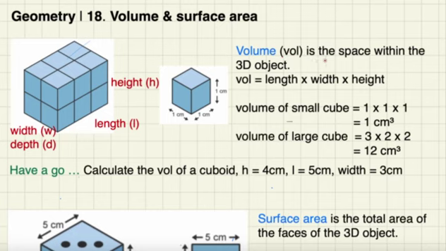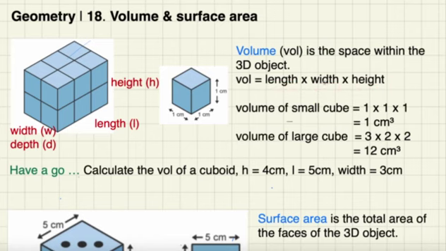Volume is the space within the 3D object. So here we have a 3D object, this cube, and volume is the space that is occupied in the middle of it. The formula for working out volume is length by width by height.